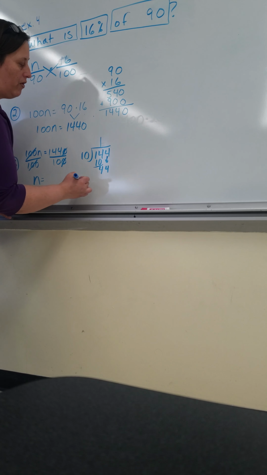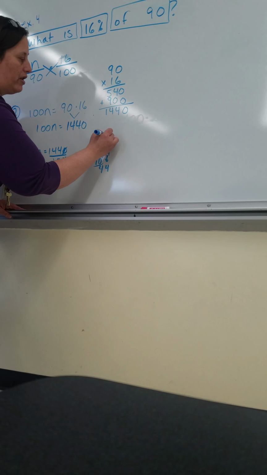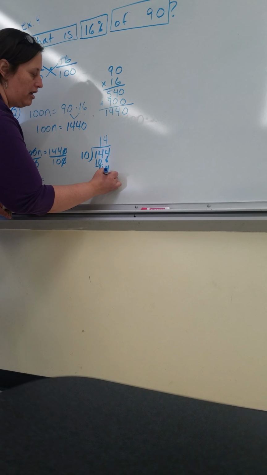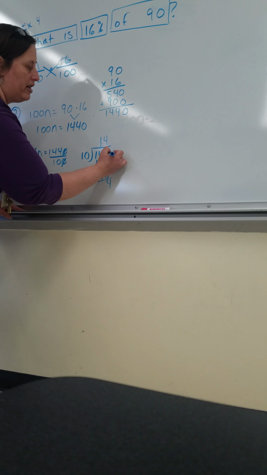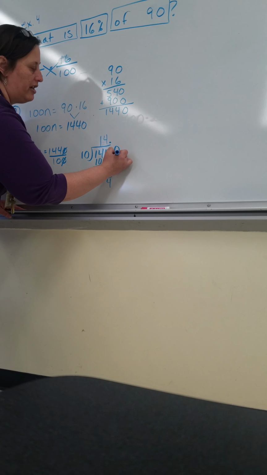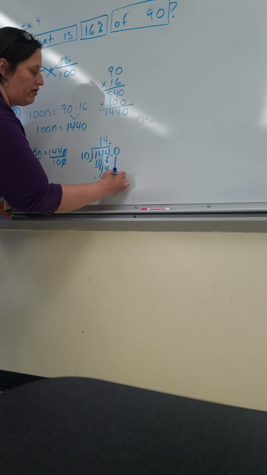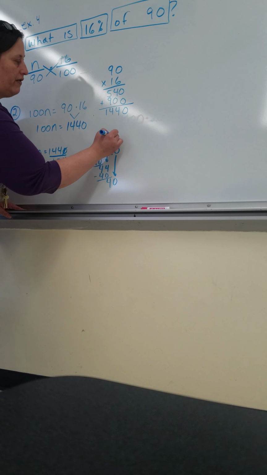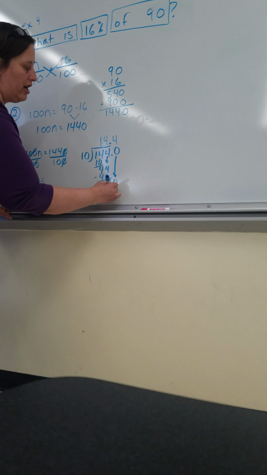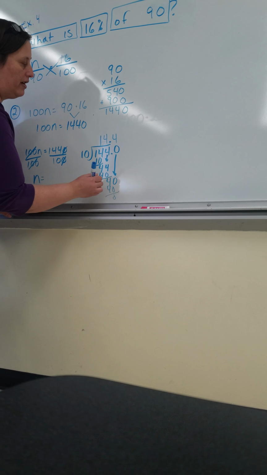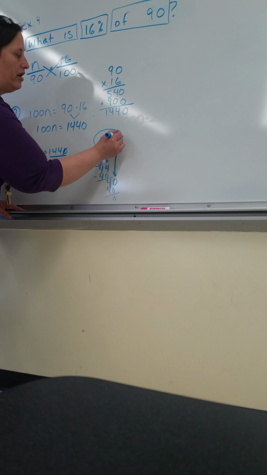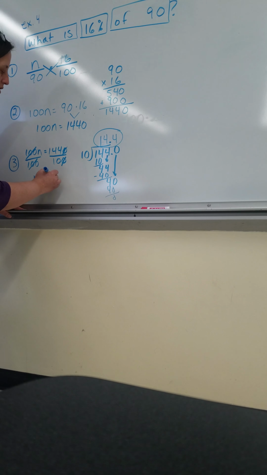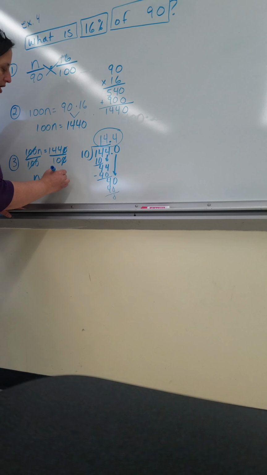Bring down the 4. 10 goes into 44 4 times, with 4 left over. Here we can put a decimal point and a 0. Remember, you can have as many zeros as you want. 10 goes into 40 4 times with nothing left over. So our answer, n equals 4.4.